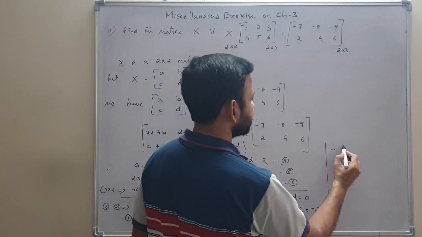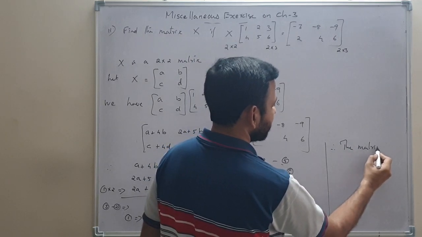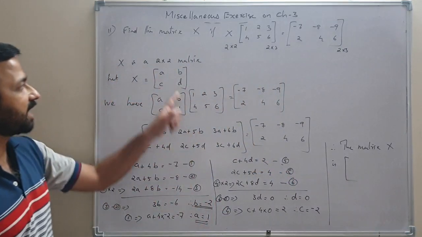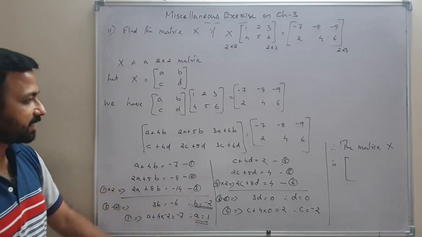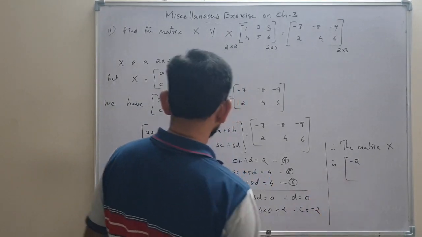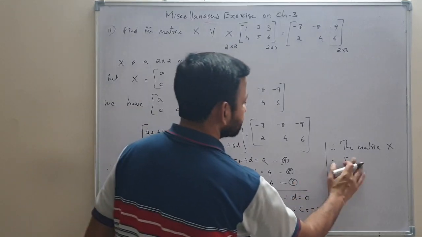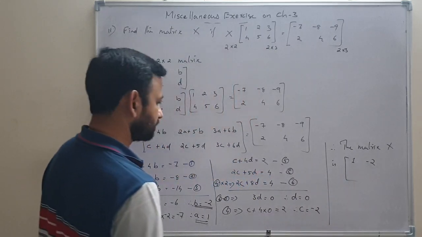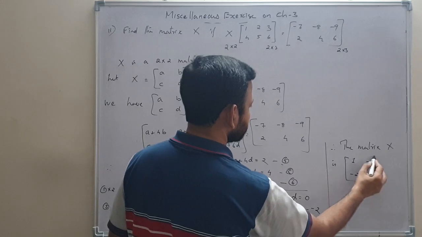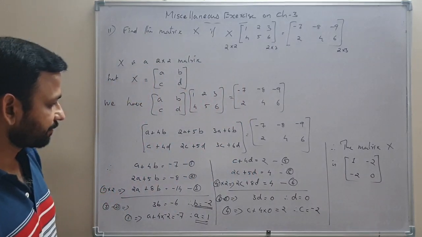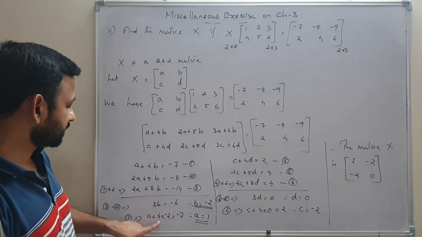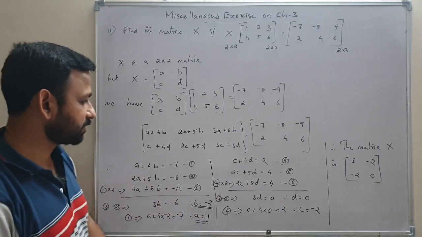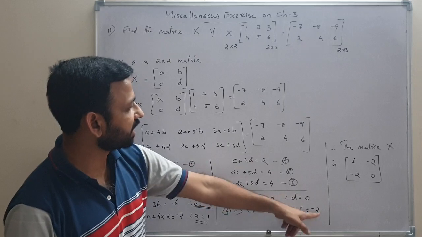Therefore, the matrix X is, now we can replace the values A, B, C, D. A is 1, B is minus 2, C is minus 2 and D is 0.